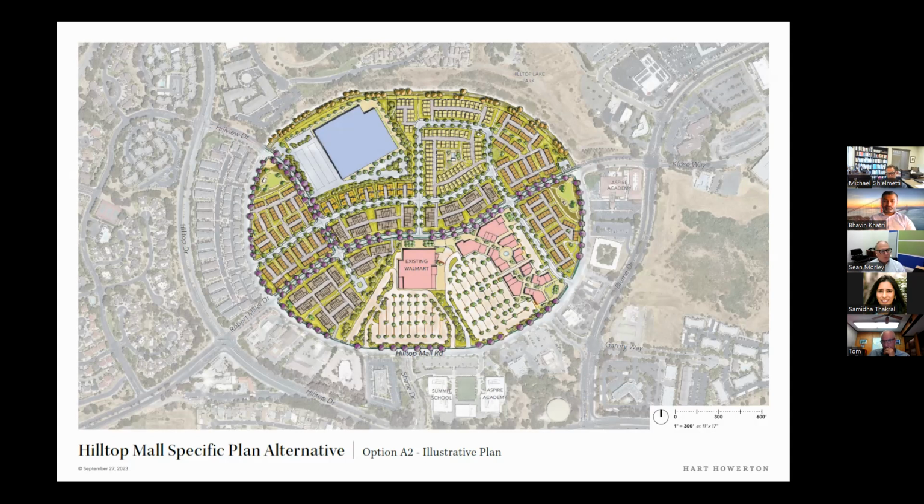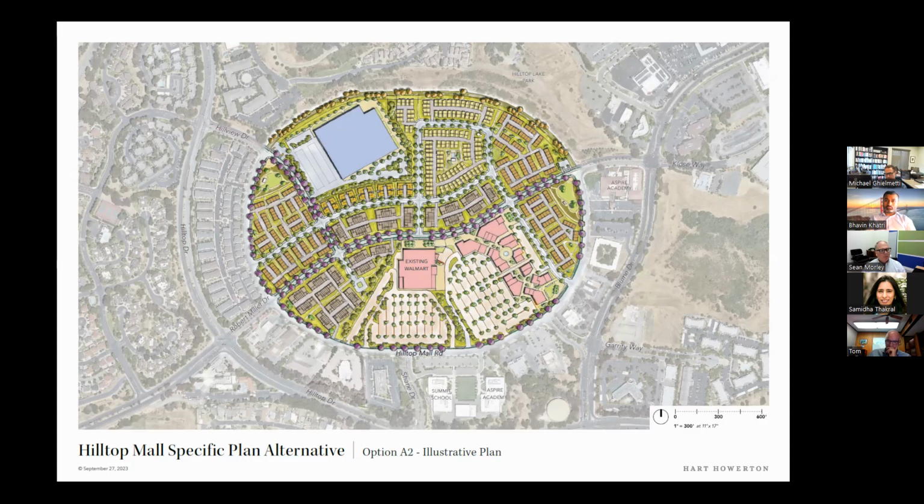One of the things we wanted to note here is we're trying to create a human scale to this. The road down the middle there isn't like El Camino Real or giant thoroughfares and boulevards. We're looking to create bike lanes and pedestrian lanes and tree-lined streets, and you can see the amount of trees and landscaping and open space that permeates this.